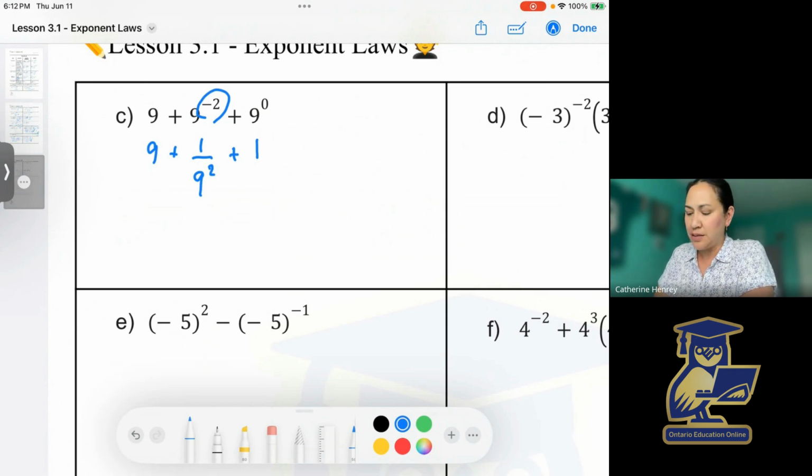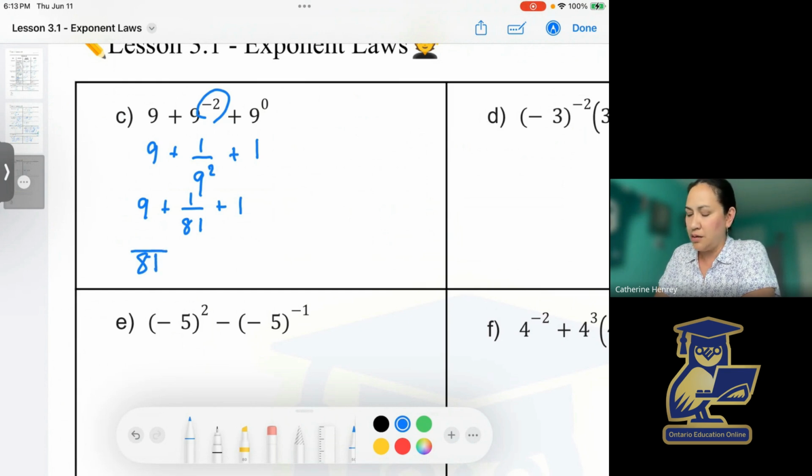So let's tidy this up a little bit again. 9 plus 1 over 9 squared is 1 over 81 plus 1. Again, we have some additions with a fraction, and we have to have a common denominator. So let's go ahead and create the other two terms, 9 and 1, into fractions with a denominator of 81.